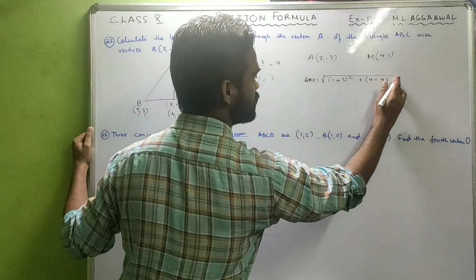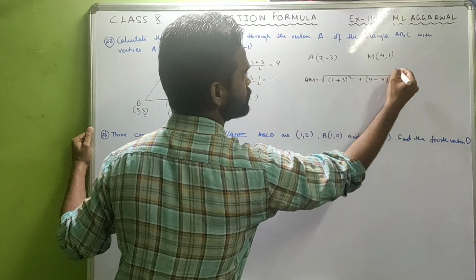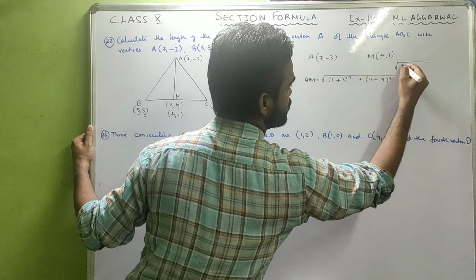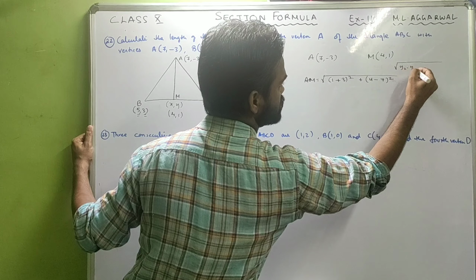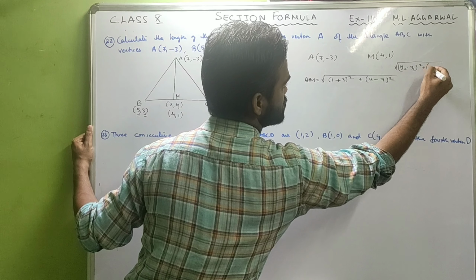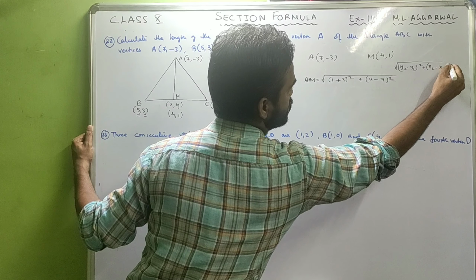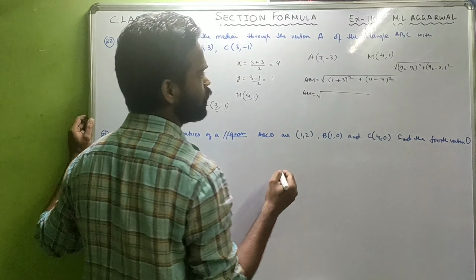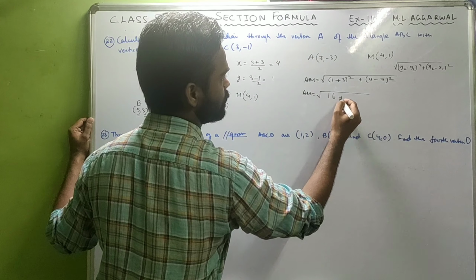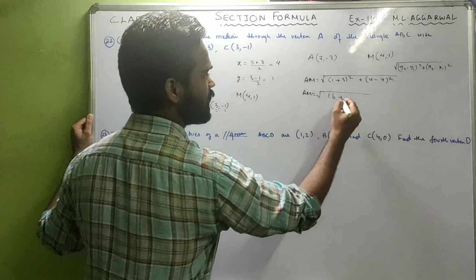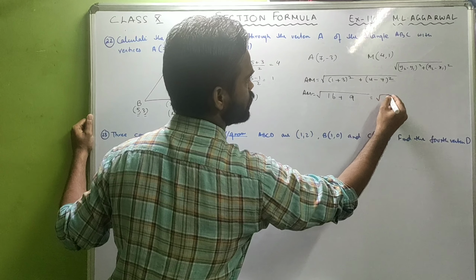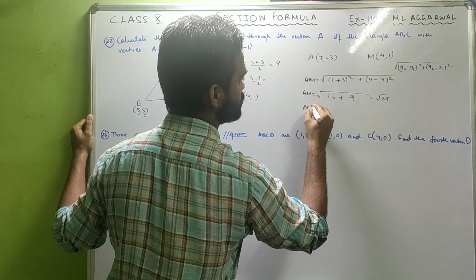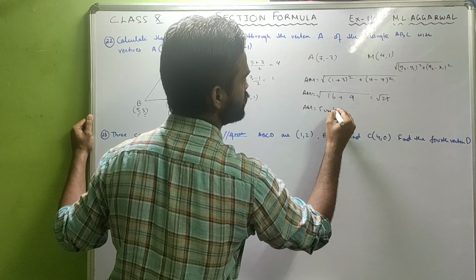That's the distance formula. Remember, root over of y2 minus y1 whole square plus x2 minus x1 whole square. So AM equals, that's 4 square, that's 16, plus minus 3 square, that's 9, that's root 25. So your AM is nothing but 5 units.